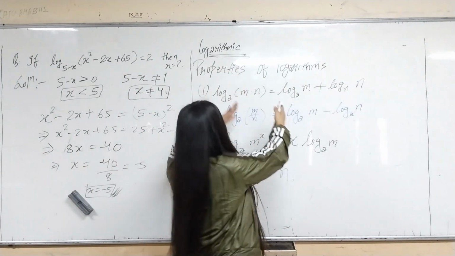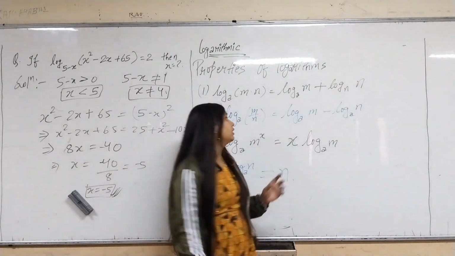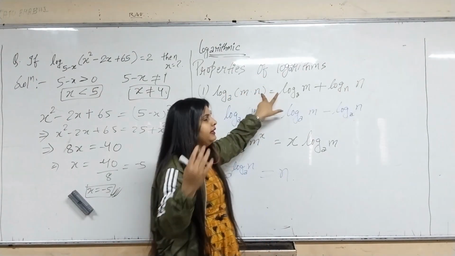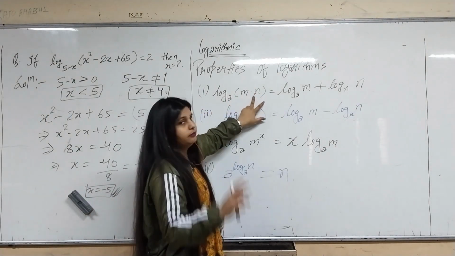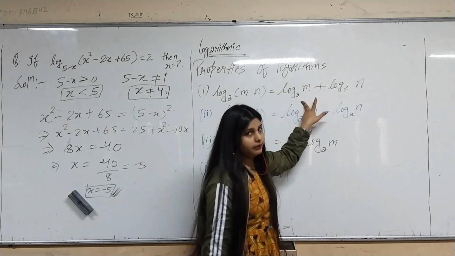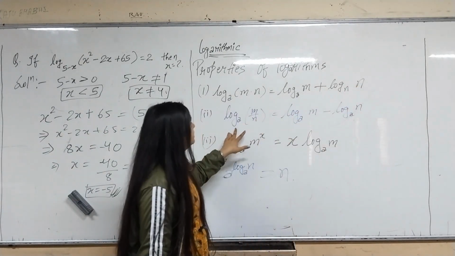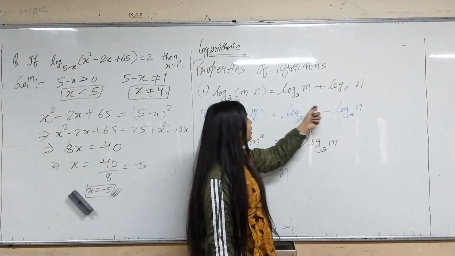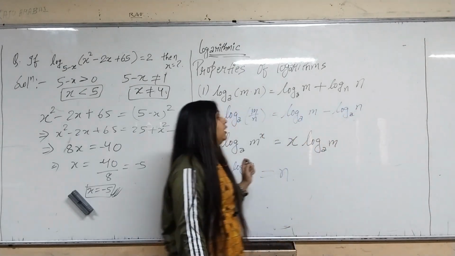So we are going to see some properties of logarithms. Log of m into n, where m and n are two numbers in product, with base a can be written as log m with base a plus log n with base a. Similarly, log of m by n with base a equals log m with base a minus log n with base a.